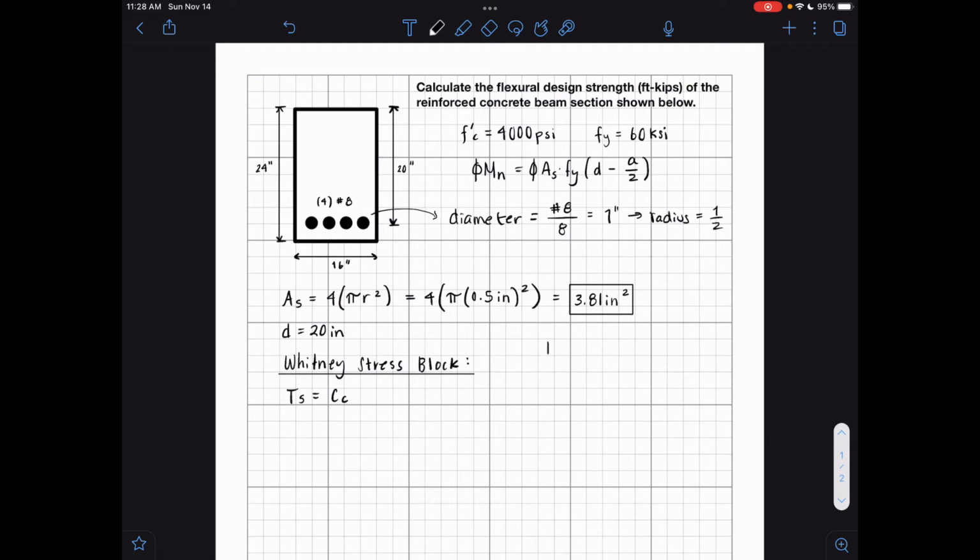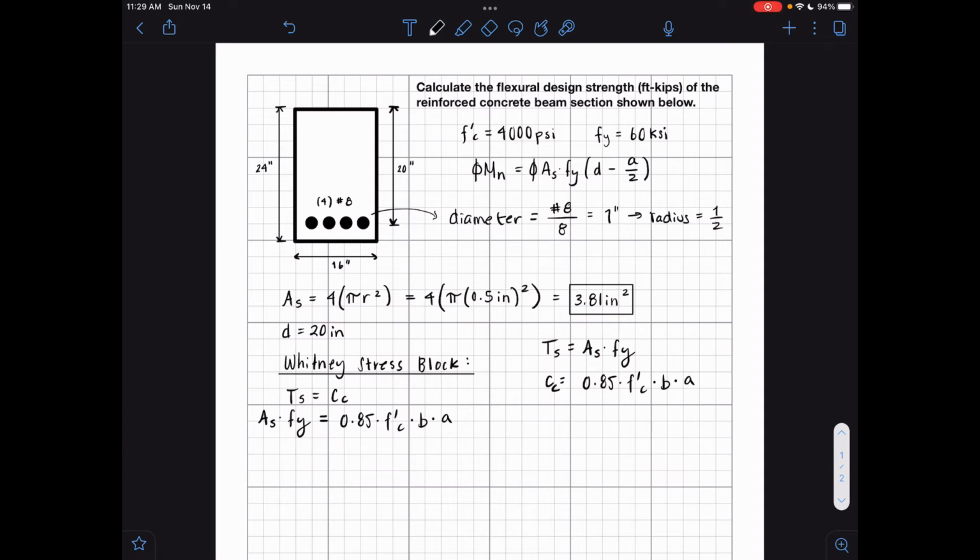Here we know that Ts is equal to As times fy, and we know that Cc is equal to 0.85 times f prime c times b times a. And so we can equate these equal to each other, like so.